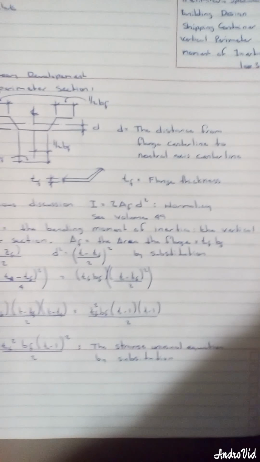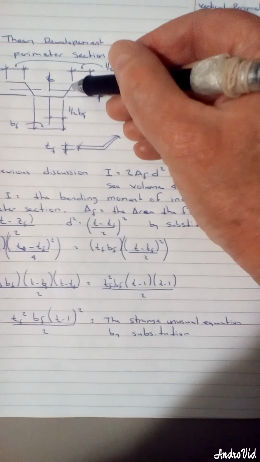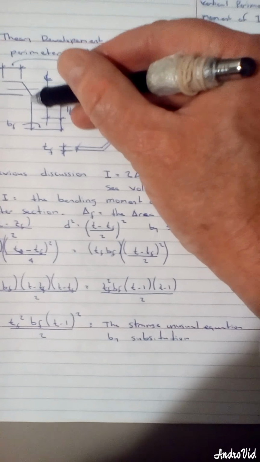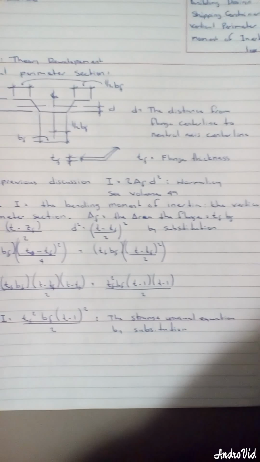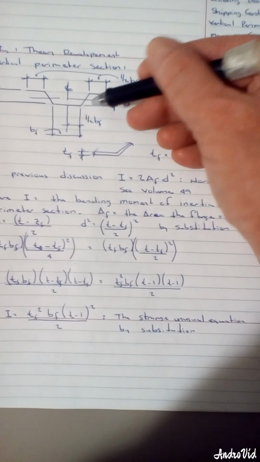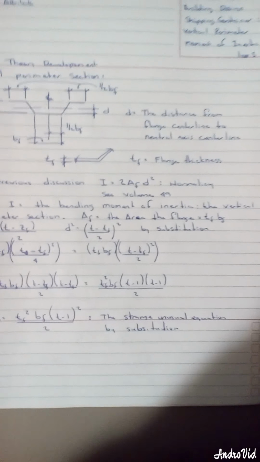We come down here by brief discussion, as before, the normality equation is I equals 2 A sub F D squared. In that condition, that's a rough estimate of what that is, and this portion here, that's the shear element to transfer that shear bending condition, the so-called shear that's parallel to the flanges.